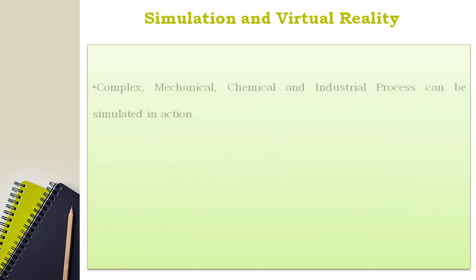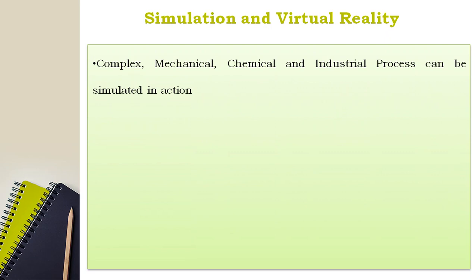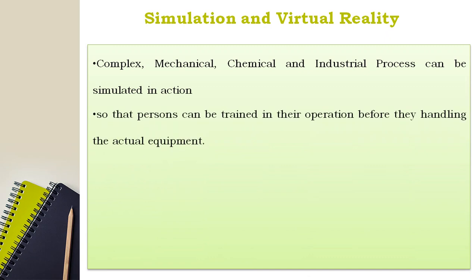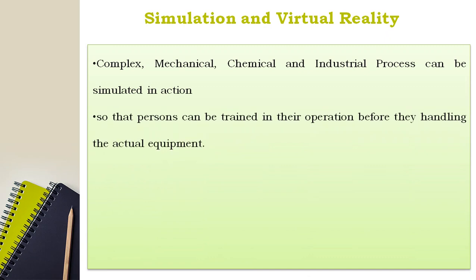Now, what is the meaning of simulation and virtual reality? Complex, mechanical, chemical, and industrial processes can be simulated in action so that persons can be trained in their operation before they handle the actual equipment.